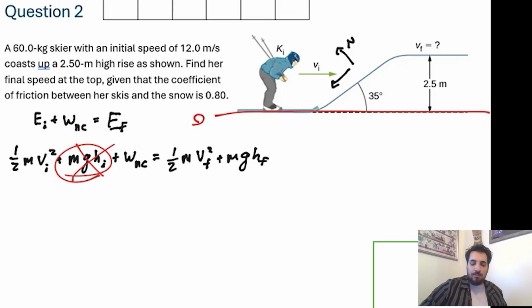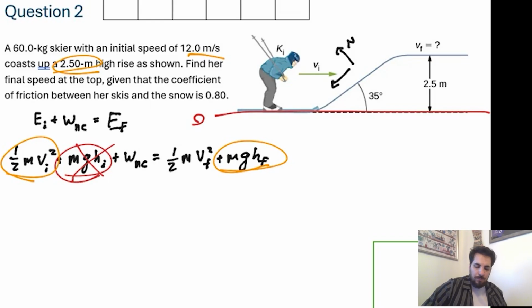But the good news is we can make a few numerical computations, because we actually know our mass and our initial velocity, right? 12 meters per second. We know our mass and our final height, 2.5 meters. We don't know our final velocity. And our work, well, our work is interesting because we can't calculate it yet.